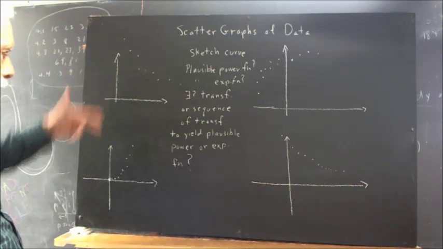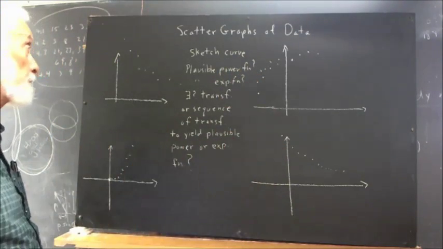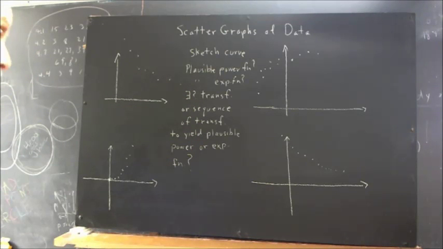Okay, I've got scatter graphs here for 4 different possible data sets. I'm not going to indicate what these data sets might represent at this point.